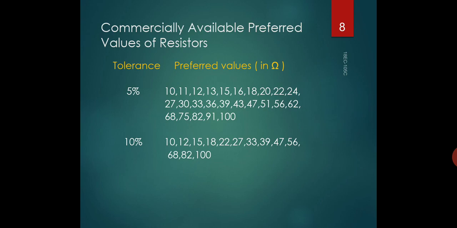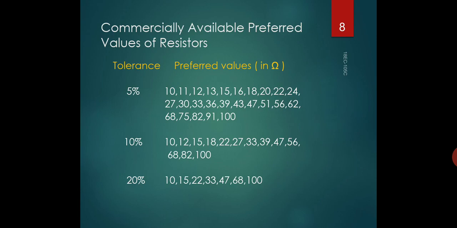In the 10% tolerance range we have 10. You can just look at the above one. In the 5%, 11 was there, here 11 is not there. That means we are skipping some values in between based on the tolerance also. So 10, 12, 15, 18, 22, 27, 33, 39, 47, 56, 68, 82 and 100.